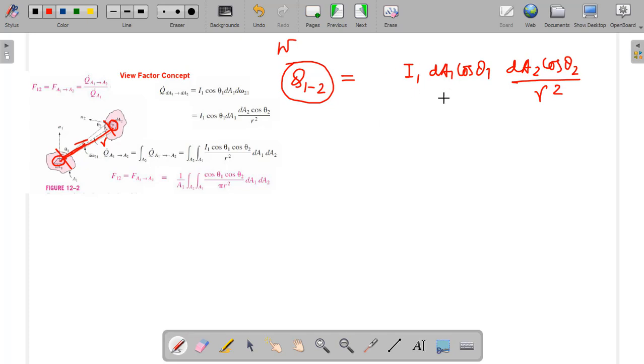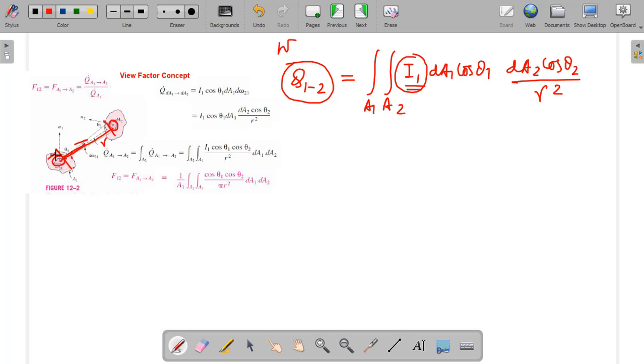So if you integrate this result twice, over the whole A1 and A2, then what you are going to get is basically Q12. Further, we are assuming that the blackbody intensity of surface 1 is uniform throughout the surface.